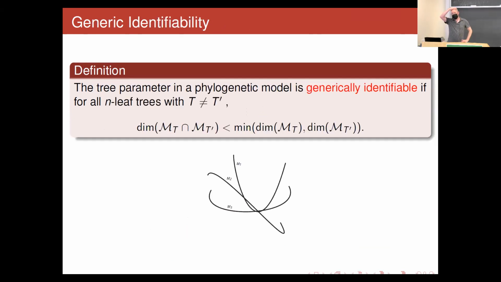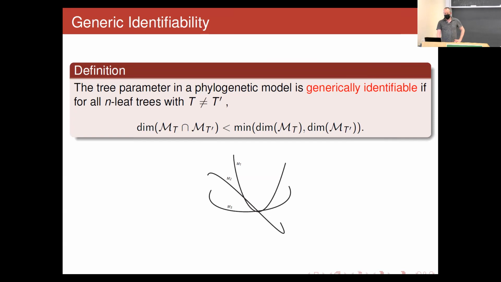Now, it's known in phylogenetics, and probably should be better known, though most of the math people know this, that identifiability is too much to ask for in most of these models, because the models for different trees can actually intersect each other. That's what we usually see in these models. So we weaken this notion to generic identifiability.